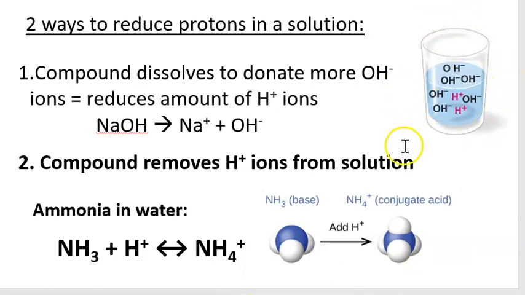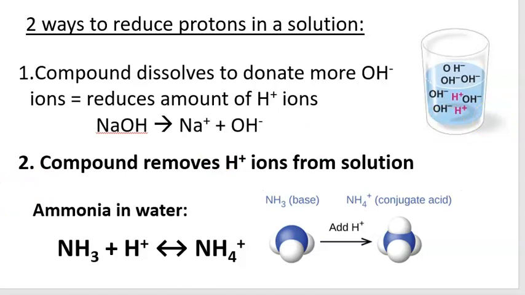Now you've got an ammonia solution, and you've just taken protons out of the solution because now they're bound up with your ammonia. So both of these are basic or alkaline compounds that are going to change the pH of a solution, because they're effectively reducing the number of proton ions floating around in there.